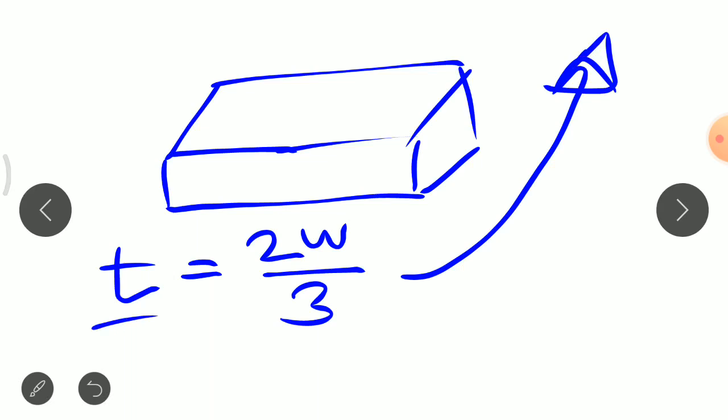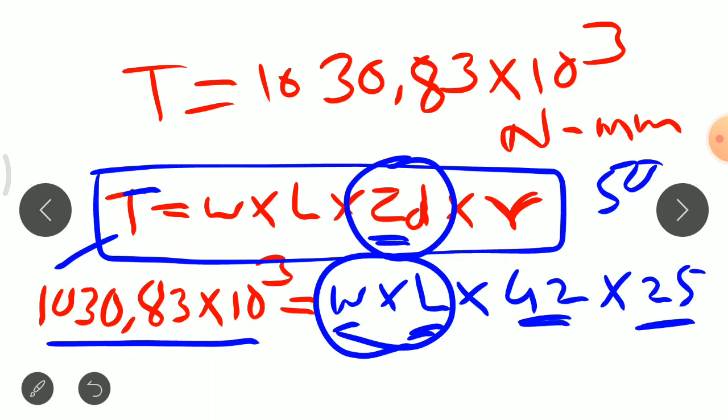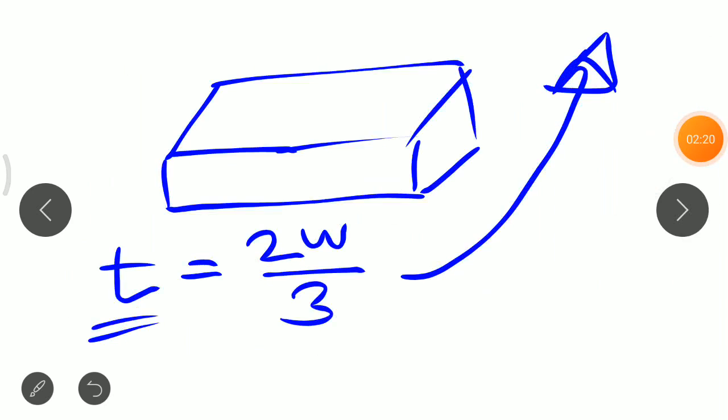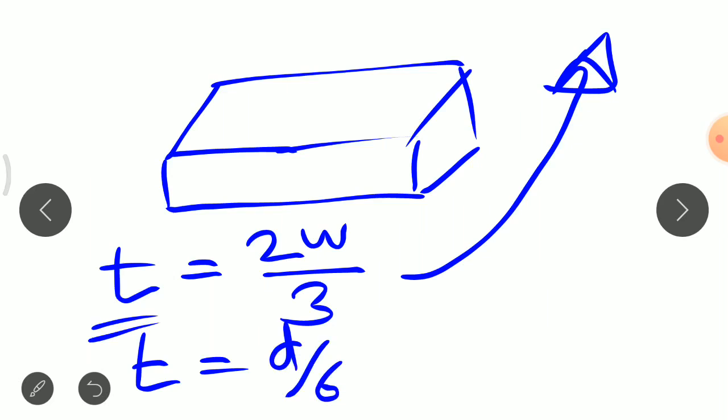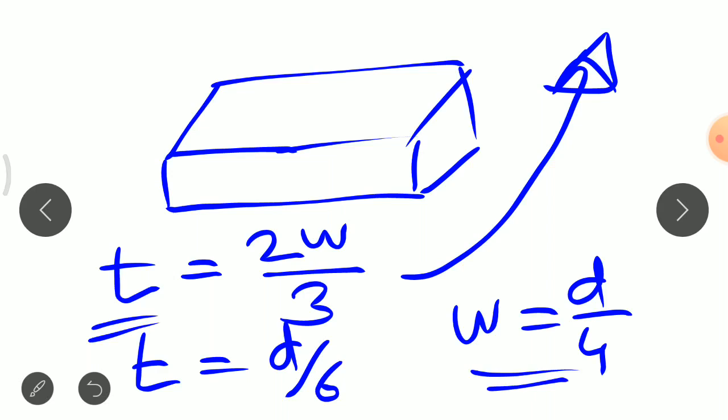Now we have the value of t, but in the equation we don't need the thickness, we only need the values of w and l. So check that proportional value: the value of t is d by 6, because width is equal to d by 4, that we studied in the last lecture.